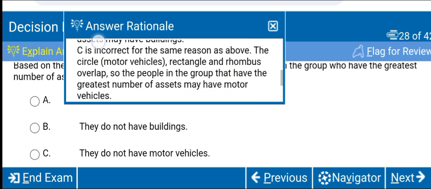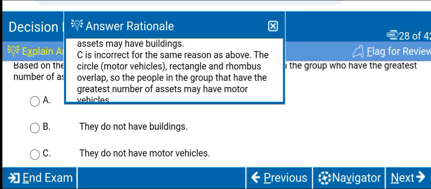C option is also incorrect, for the same reason as above, the circle, rectangle and rhombus, so the people in the group that have the greatest number of assets may have motor vehicles.